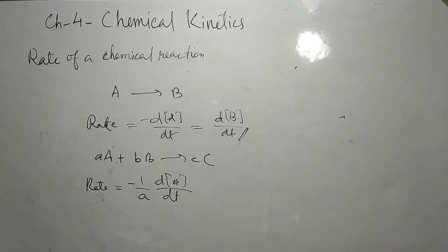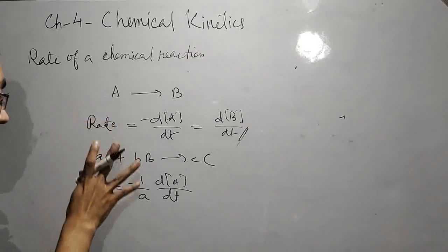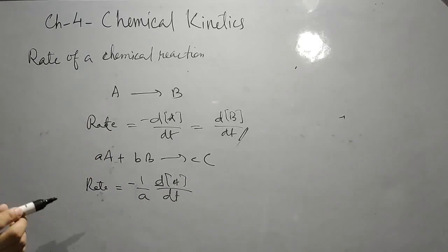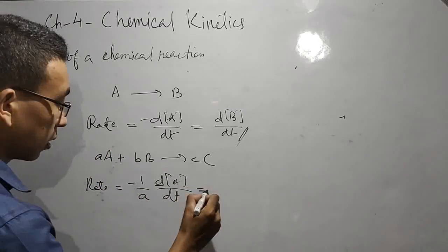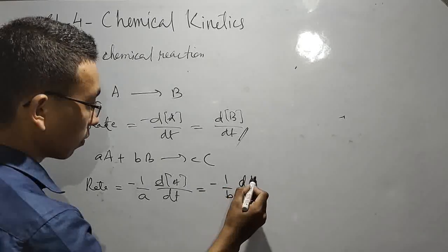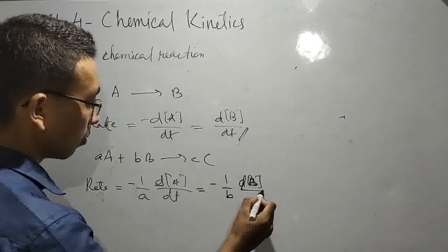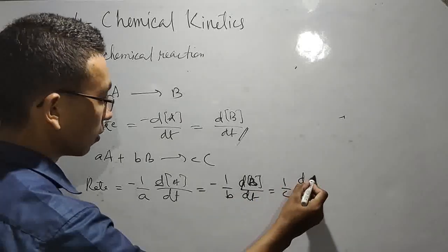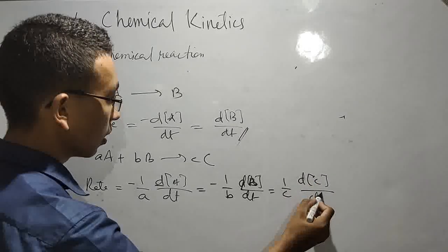So the only change that we made between the average rate and the instantaneous rate is that there we use delta, here we are using d. So minus 1 by b d[B] by dt is equal to 1 by c d[C] by dt.